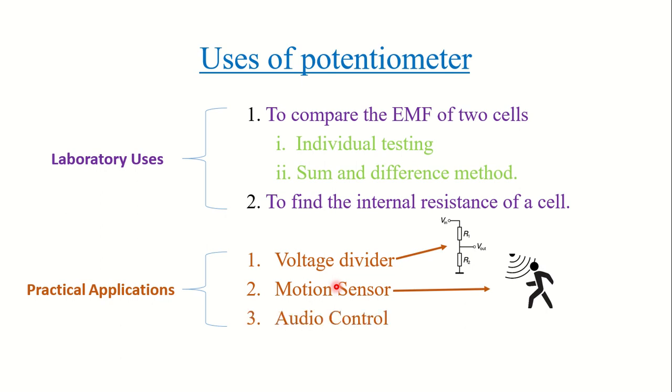Another practical use of potentiometer is in audio controls. In audio controls, potentiometer can be used for frequency attenuation, loudness control, and also to control different characteristics of audio signals. Now we will explain in detail the laboratory uses of a potentiometer.